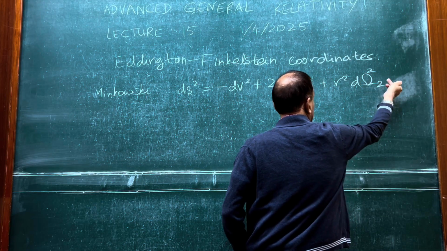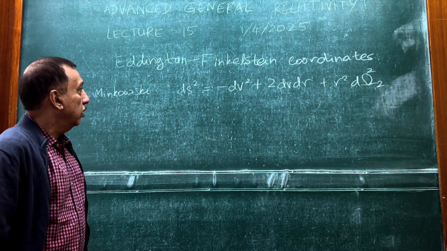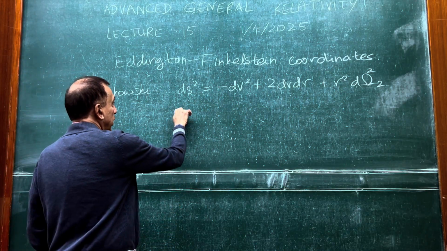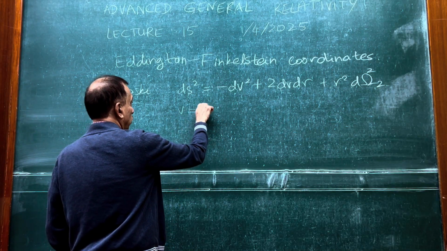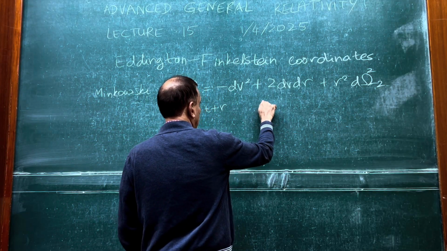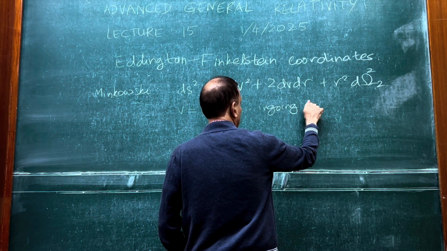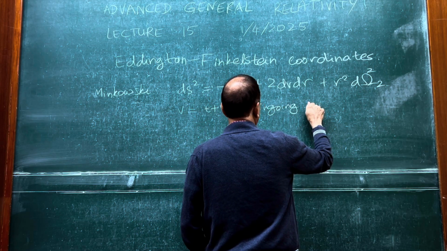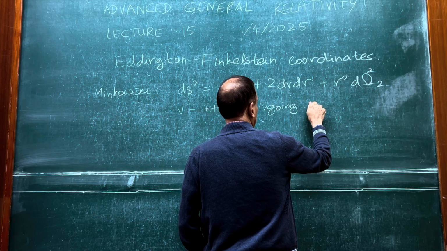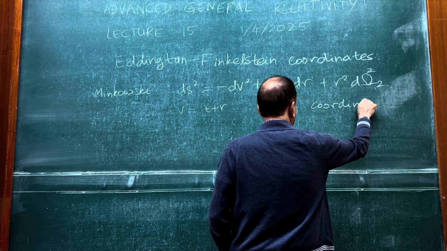In Minkowski it's trivial to replace that by any omega d, and the idea was simply that v is equal to t plus r, and therefore it is called the ingoing coordinate.